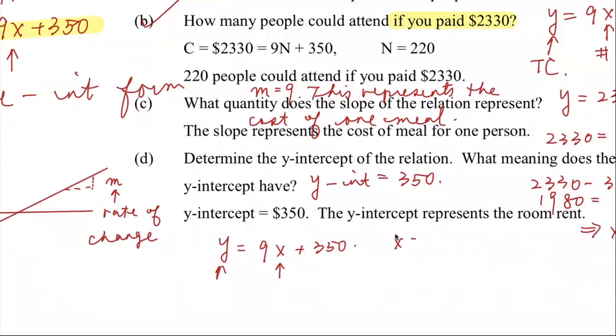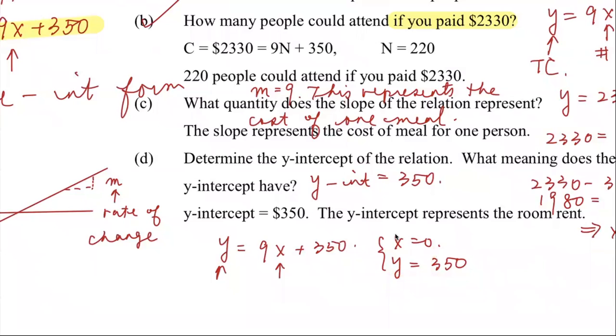If we let x be 0, which means we rent the facilities for a banquet but we don't invite any guests, then y is equal to 350. What does this mean? We don't invite any guests to the banquet, and yet we still need to pay $350.